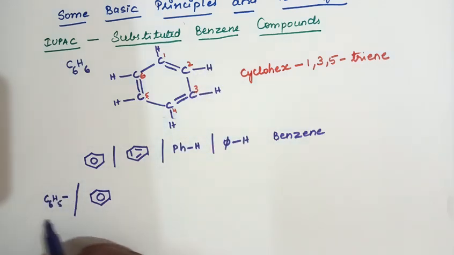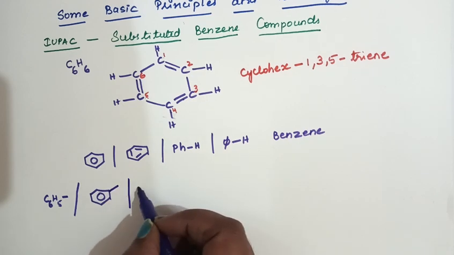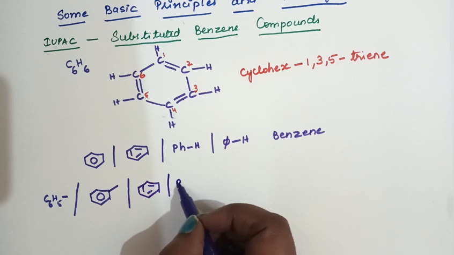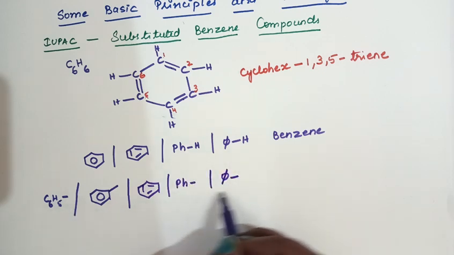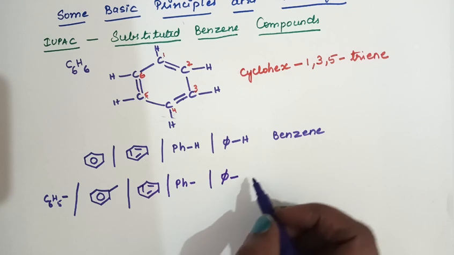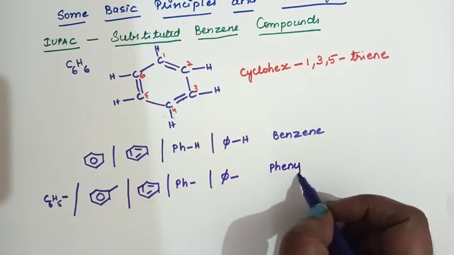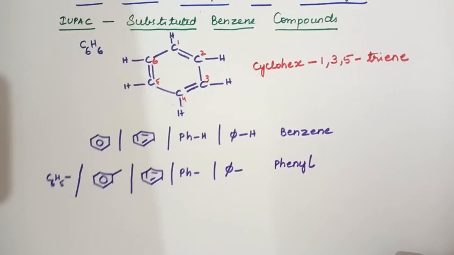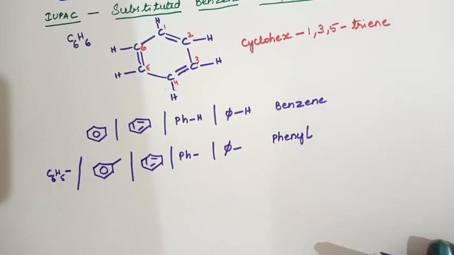So this will be phenyl group. So it can also be represented like this. So phenyl group can be represented in different forms like this. Phenyl. So these are the phenyl groups. So this is very important while we are naming the compounds.